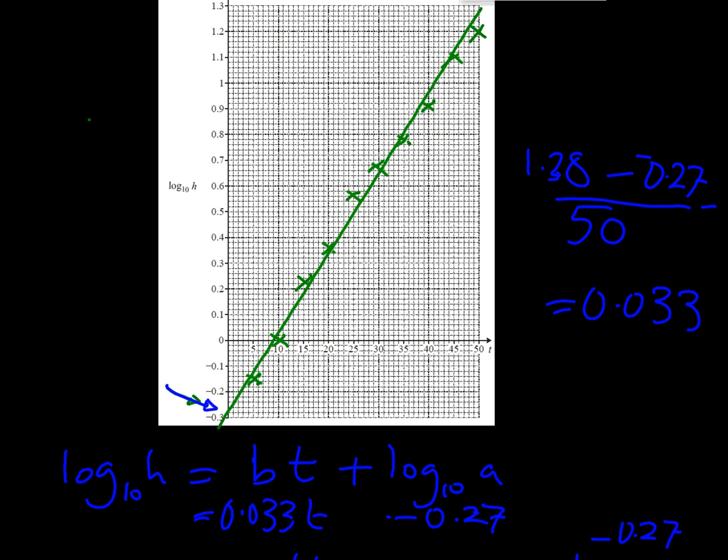Sorry, I'm just going to do a very quick correction to my calculation, because that was, of course, 1.28, which meant that my gradient here was 0.31.